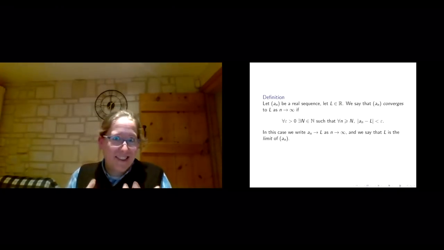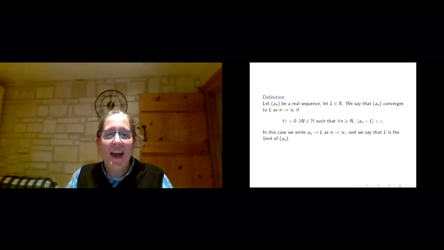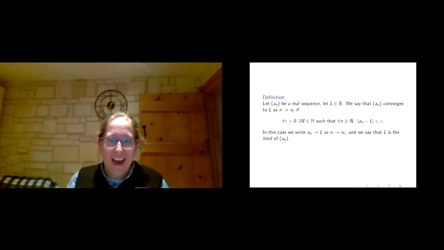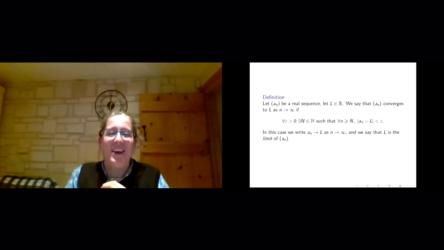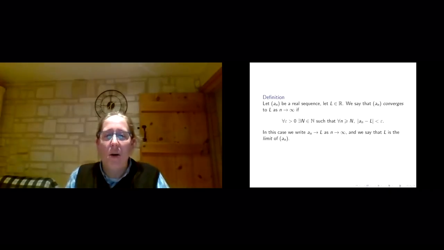And in the case when this is true, we write that a_n tends to L as n tends to infinity, written using this right pointing arrow, which I would read as tends to. We say that L is the limit of the sequence a_n. And I'm trying to get into the habit of saying sequence a_n, meaning it's got brackets around it. If I just say a_n is a term, I might forget, but I'm going to try to do that.